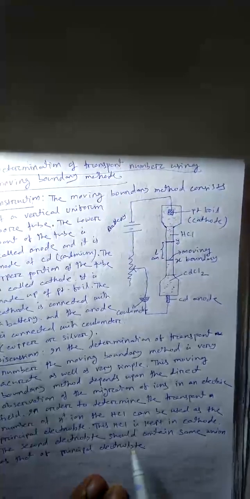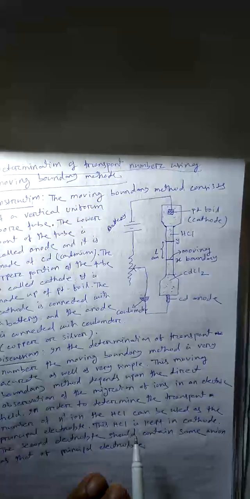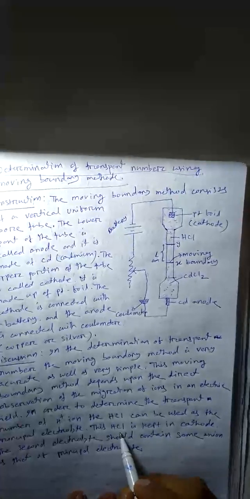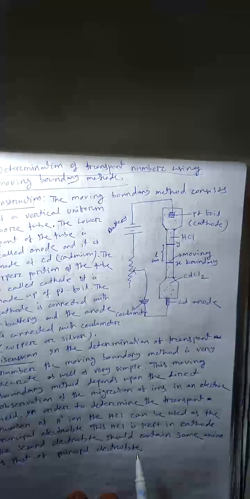That means the principal electrolyte contains chlorine as the anion. So you choose the second electrolyte in such a manner that it should contain the anion chlorine. The same anion Cl minus is also present in the second electrolyte.